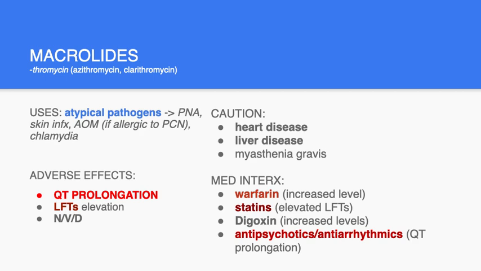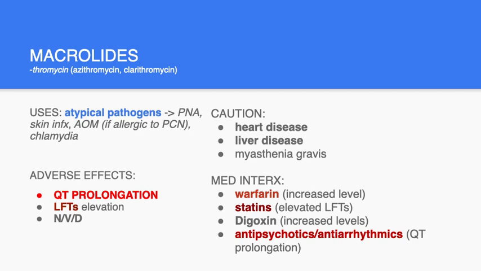Some med interactions to remember. This would also probably be tested on because macrolides have quite a few med interactions. Warfarin, it increases the levels of statins. This is just because statins can raise your LFTs. So if you're giving macrolides, which raise your LFTs, and statins, which raise your LFTs, it's not a good combination.